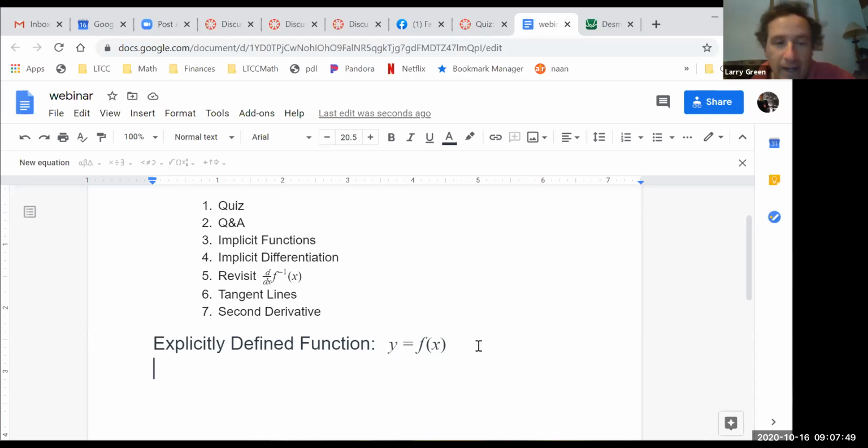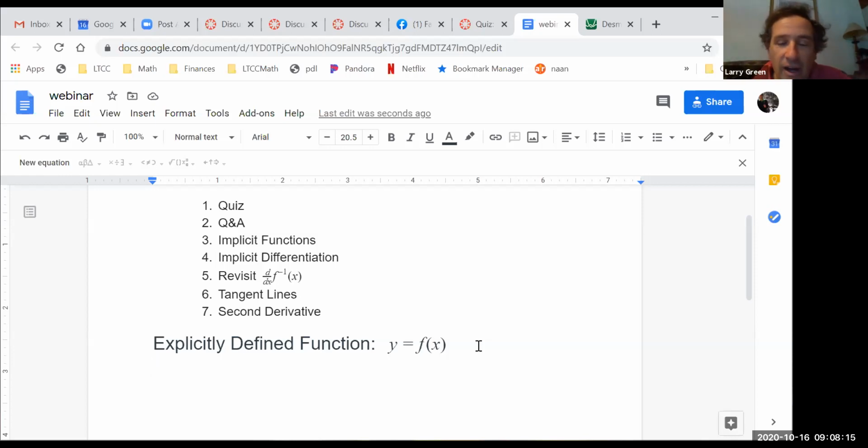That could be y equals, I don't know, 3 plus x. It could be y equals sine of x plus 7. Those are all explicitly defined functions. It means you can write down y on the left-hand side, and on the right-hand side, you have stuff with x's in it, and numbers, and functions. But that's explicitly defined.